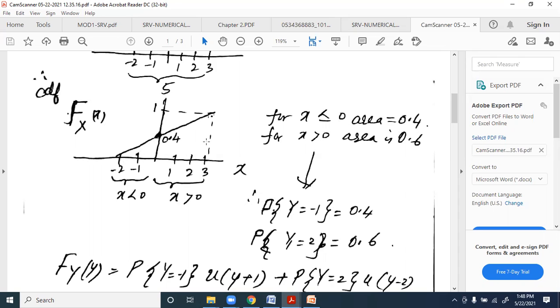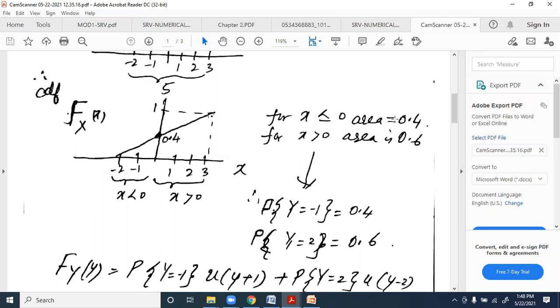So this is 0.4 and this will be 0.6. The area for x less than 0 is 0.4, and for x greater than 0 it will be 0.6.